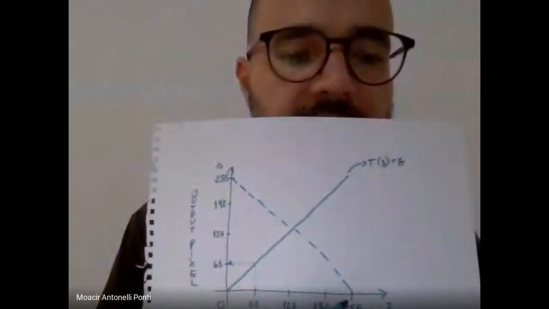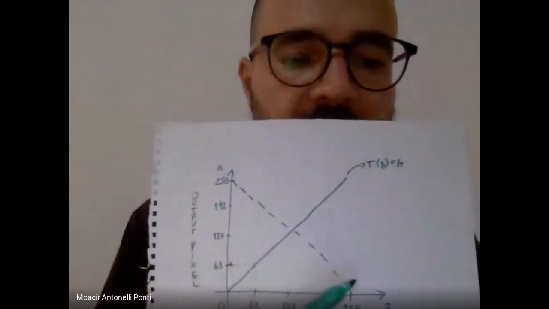What would be the plot that represents the inversion? So I'm going to draw here in a dashed line. So roughly, what you have is a line like that.